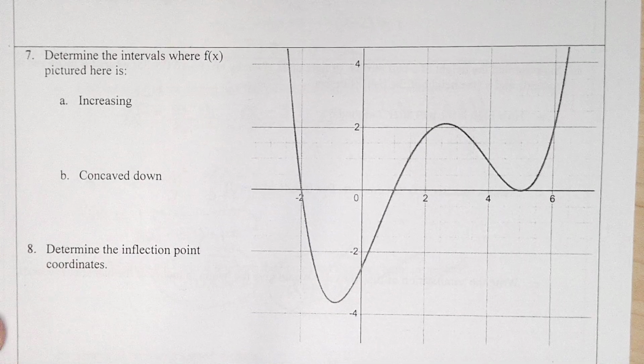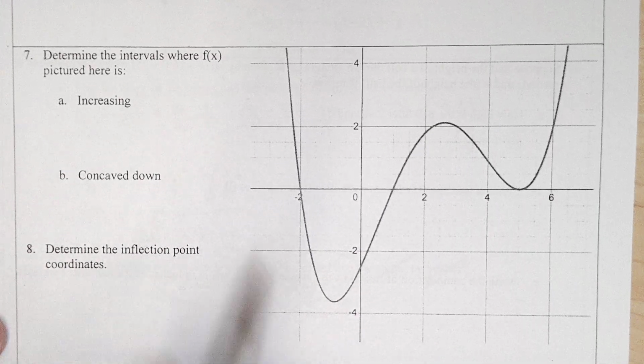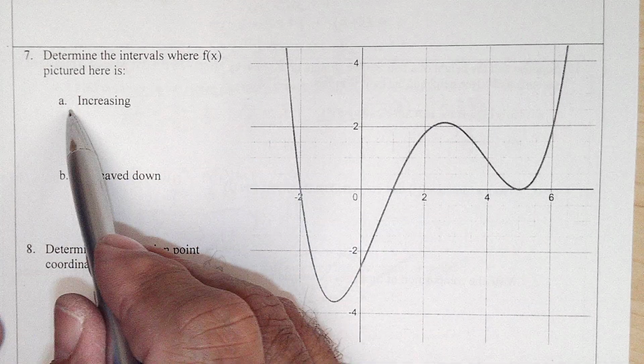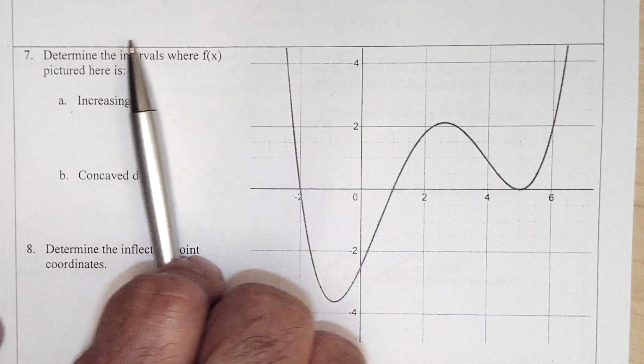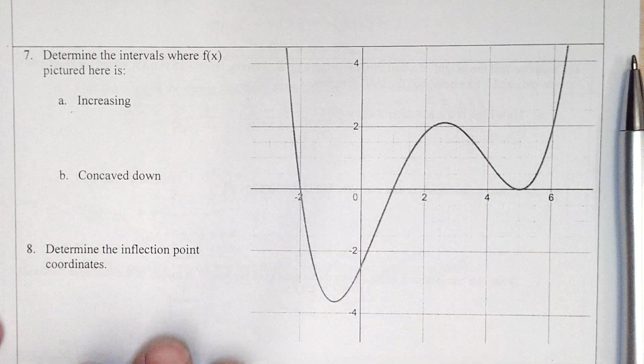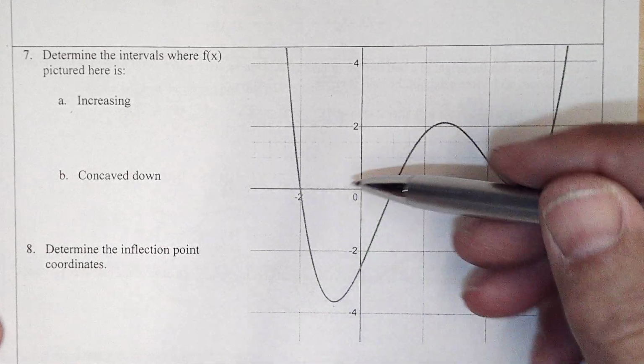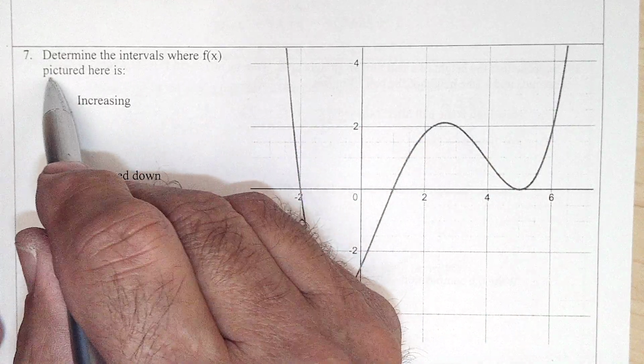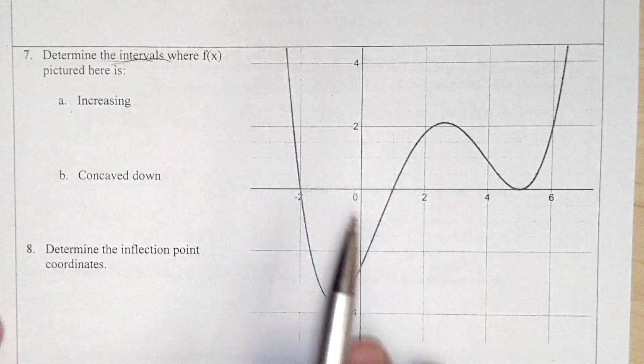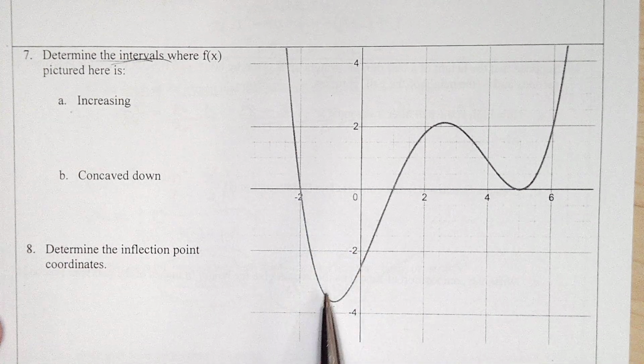On this one, we're supposed to say, when is this thing increasing? Now that means as you're going left to right, when is it going up? Well, we want to just talk about the intervals, so we talk about the x values.